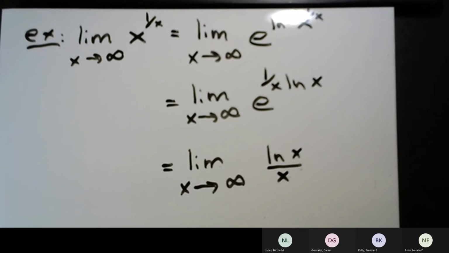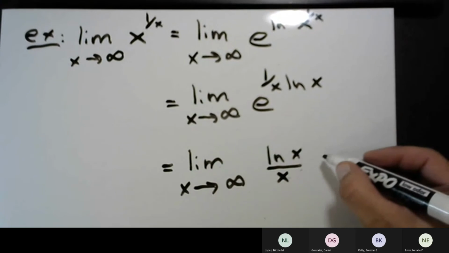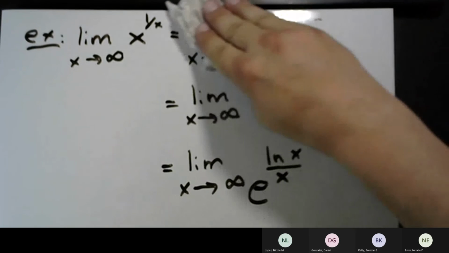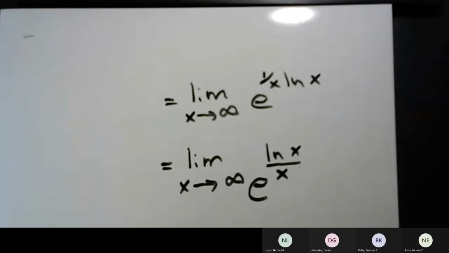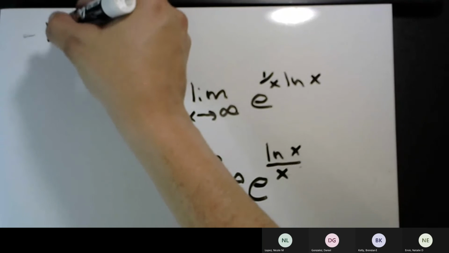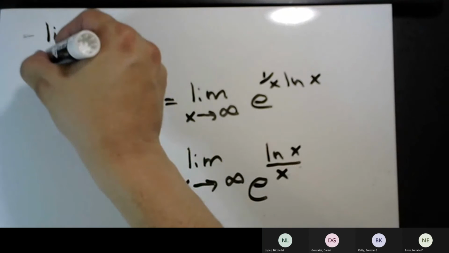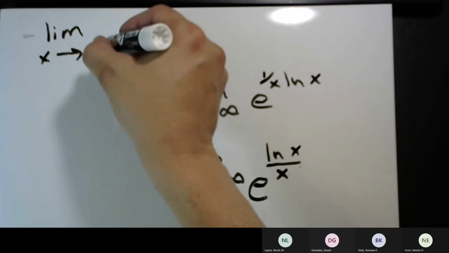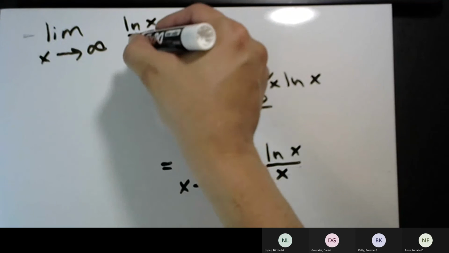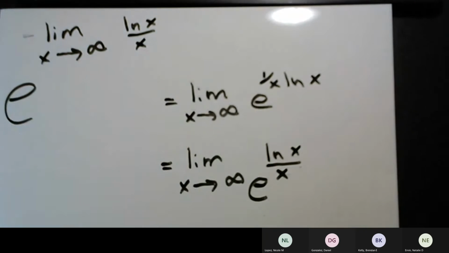Now again, this is going to be problematic. There's an e here, right? So before we get to the problematic part, we're going to take the limit as x goes to infinity of ln of x over x, and this is all a power of e.